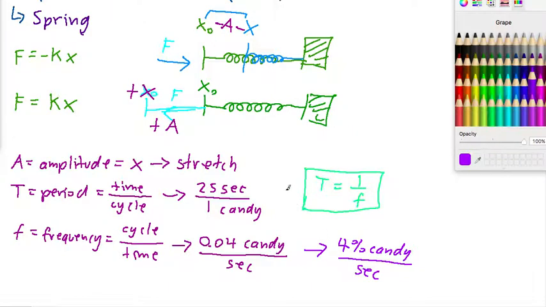All right, so that's just clarifying some terminology that we're going to be using in future videos.